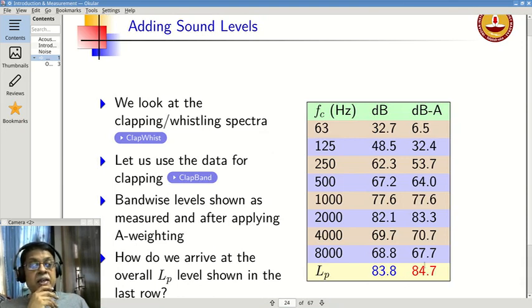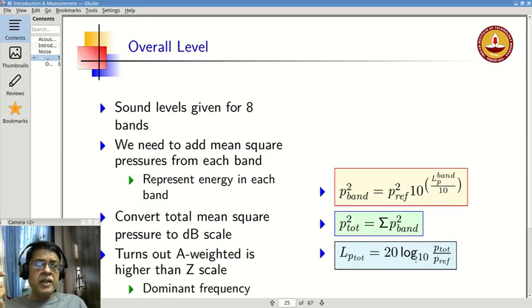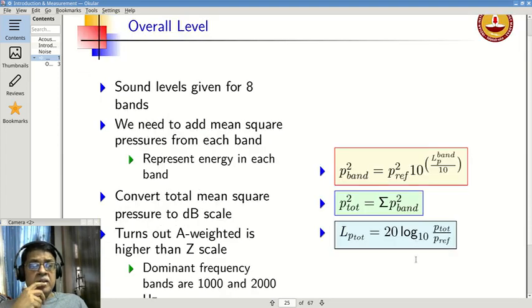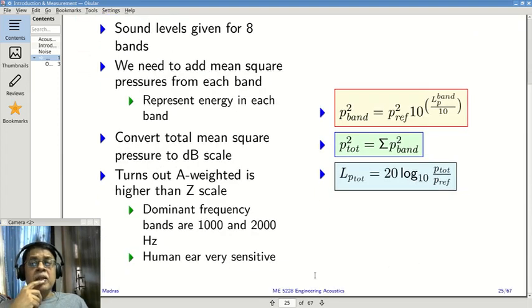But when I do the A weighted summation, all of these bands are summed in the same fashion. I can write a small spreadsheet or a small Octave program and add them. You can see there's about a 1 dB difference: 83.8 goes to 84.8 in the A weighted level. This is an interesting scenario where the A weighted scale is actually higher than the Z scale.